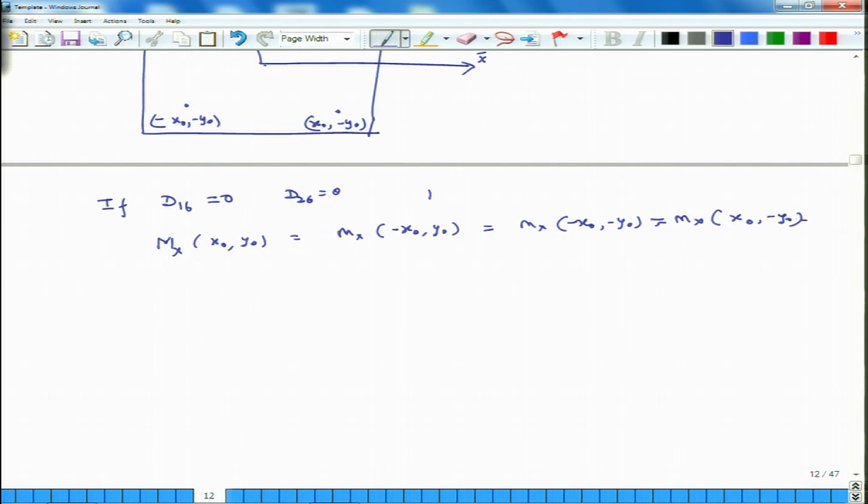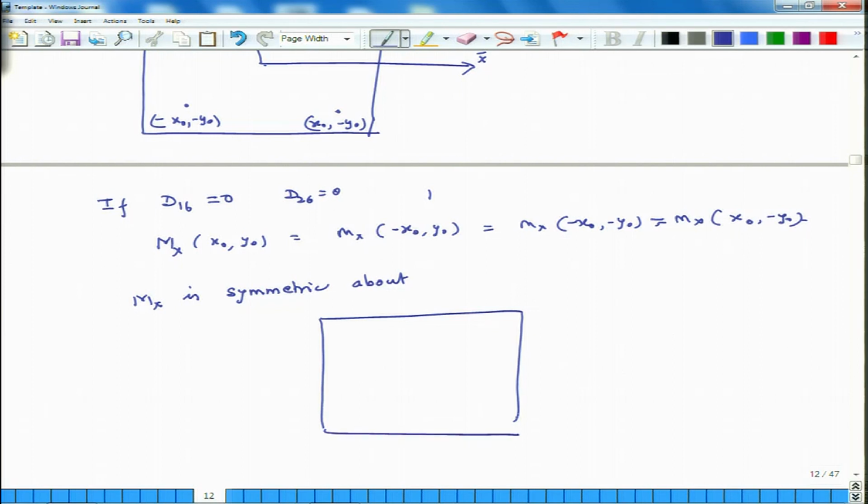Okay. Which means that mx is symmetric. So if this is the plate, then what are the planes of symmetry?